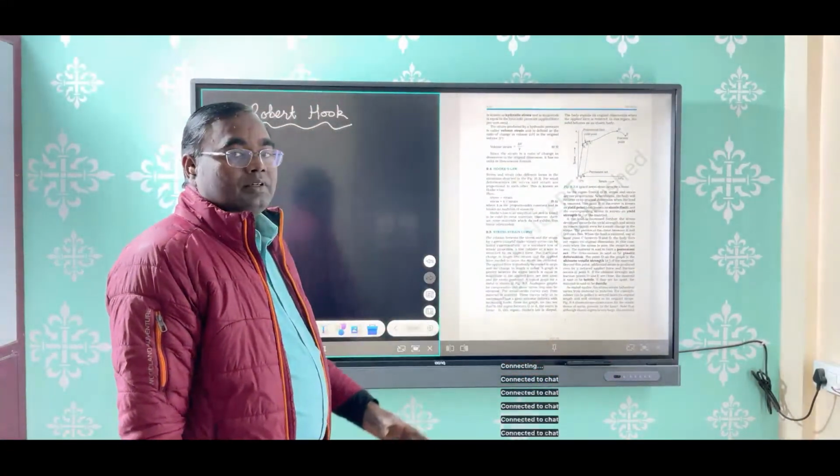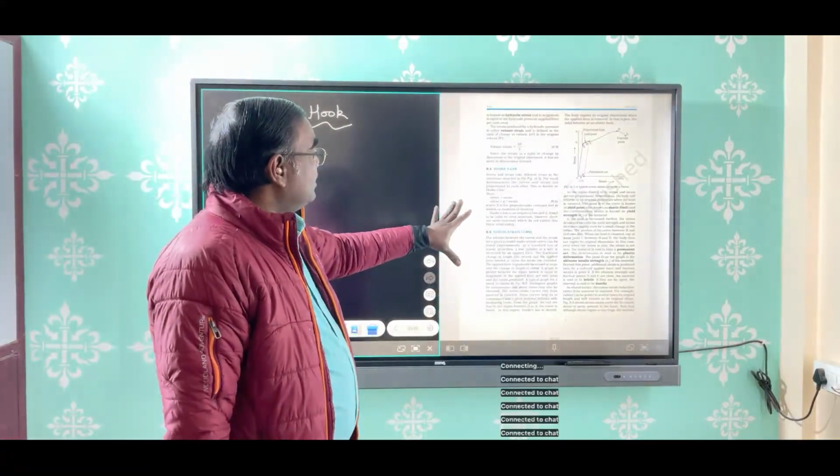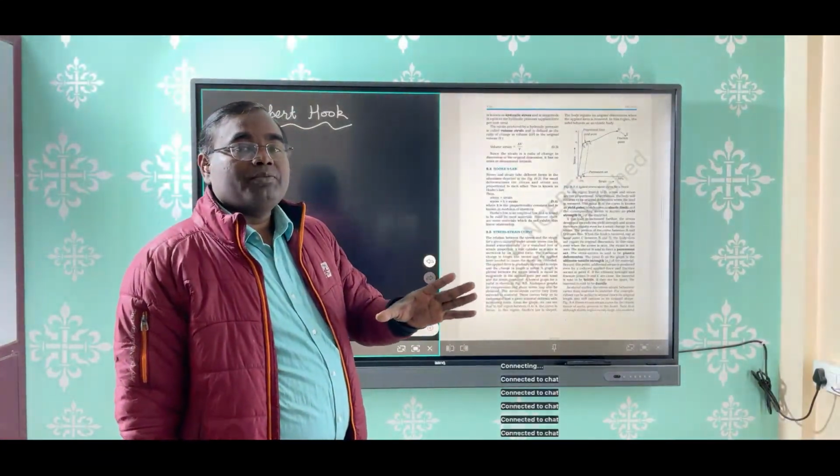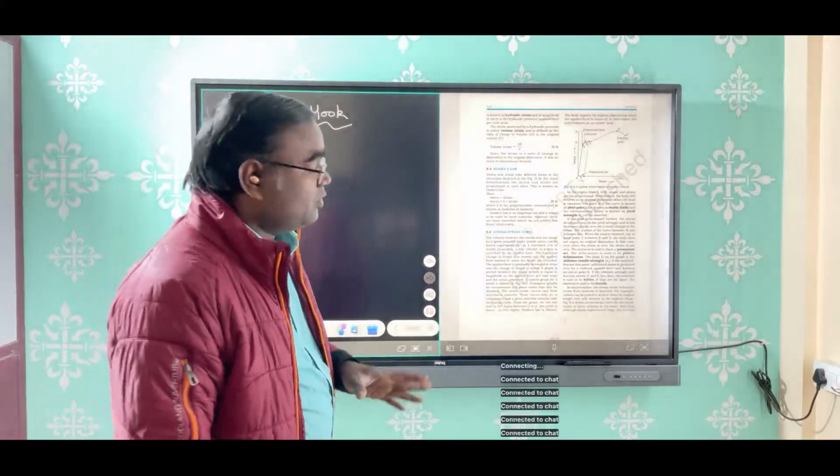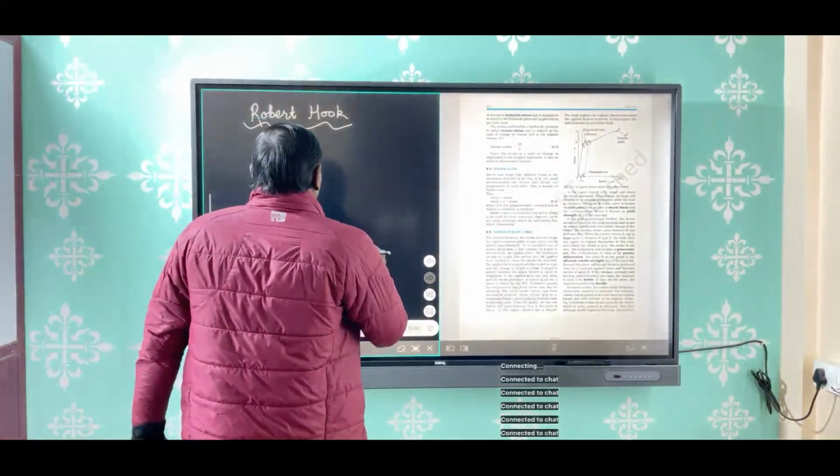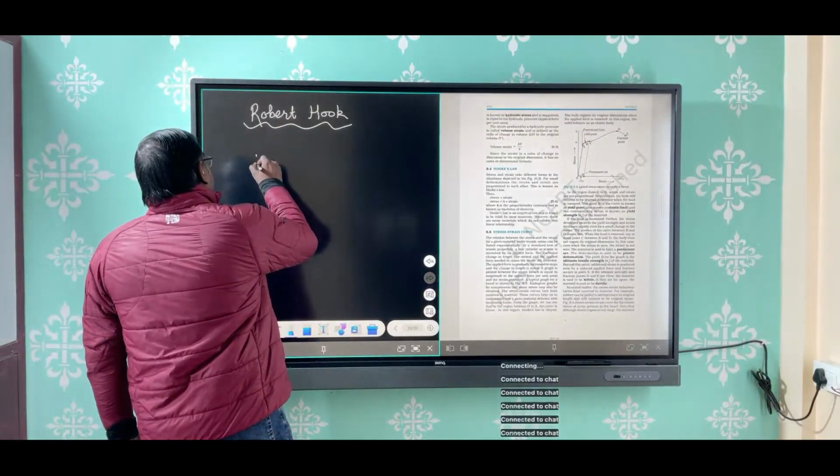He has contributed a lot to physics, but in this chapter we remember him for Hooke's law. What is Hooke's law?